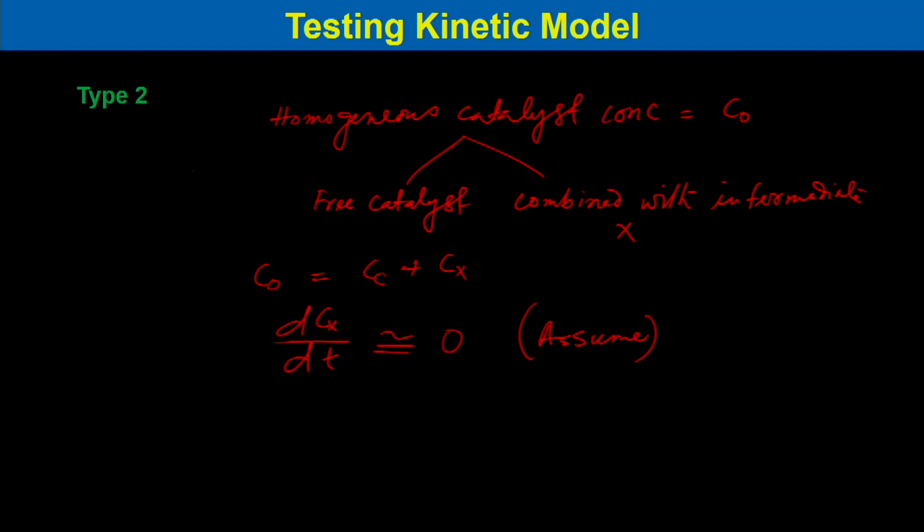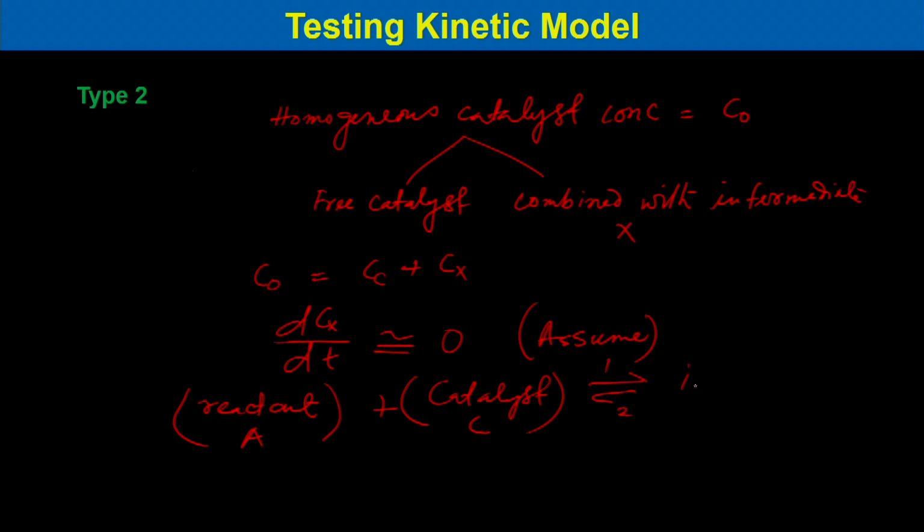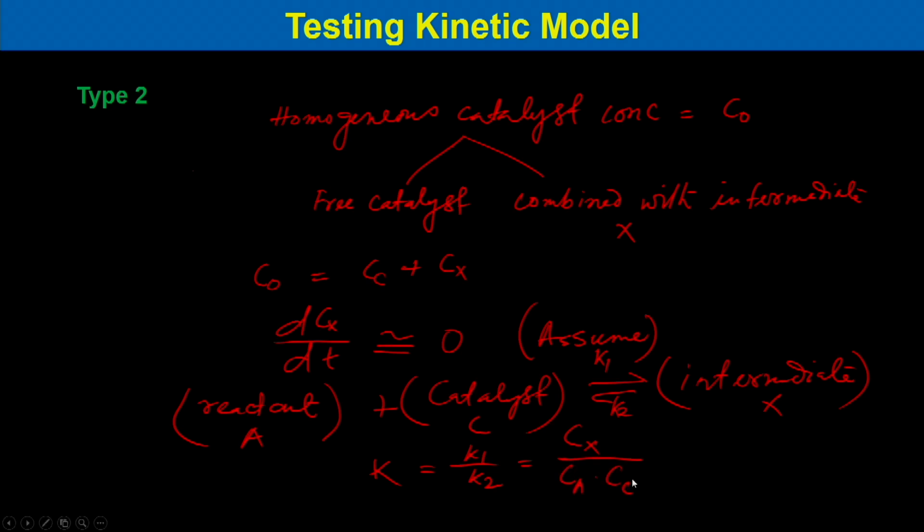So, the reactant A reacts in presence of catalyst and forms intermediate X, where the equilibrium constant can be denoted as K1 by K2, which is equal to the concentration of the intermediate divided by the concentration of A into the concentration of the catalyst.